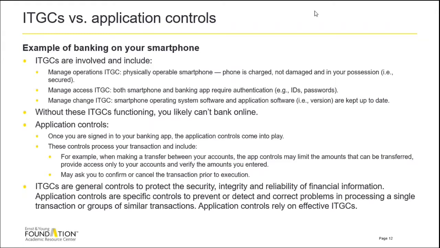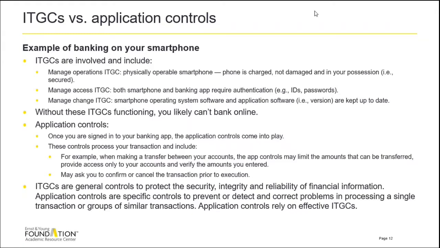So the application controls, once you are signed in to your banking app, come into play. These controls process your transactions and include, for example, when making a transfer between your accounts, the app controls may limit the amounts that can be transferred. This may also ask you to confirm or cancel the transaction prior to execution.